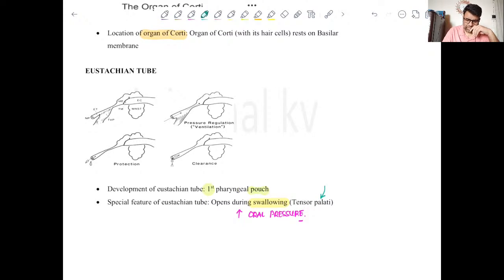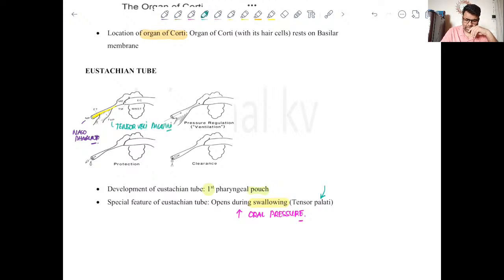Now if you look in the diagram, so this is the Eustachian tube, right? So this is the Eustachian tube here, and it is opening in the nasopharynx, and this is opened up by the tensor veli palatini or tensor palati.